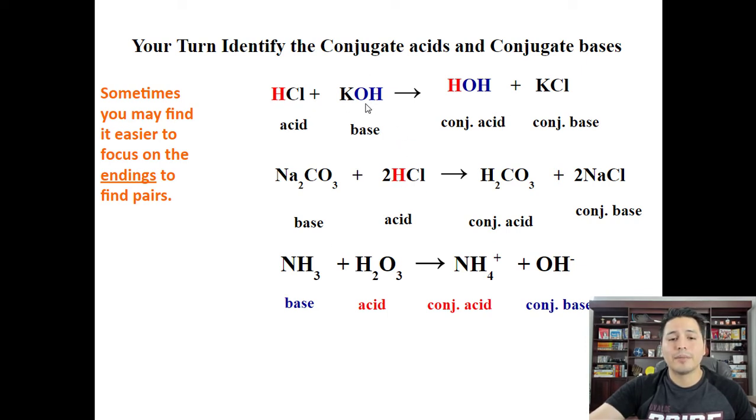You know that potassium hydroxide was part of the 8 strong bases, so by default, you should have known he was a strong base. You should have known that this is a binary strong acid, so you can kind of cheat your way through this if you needed to. It's not really cheating, it's just that you really understand your strong acids and strong bases, and that gives you an advantage to breeze through this. What I'm saying is you don't even need to look at the products if you understand your bases and acids, right?